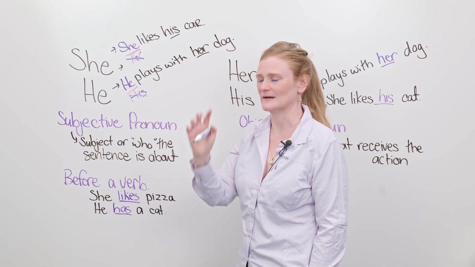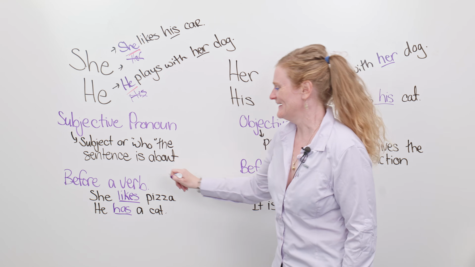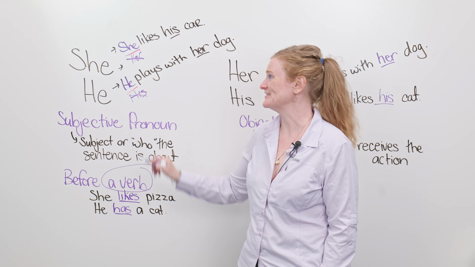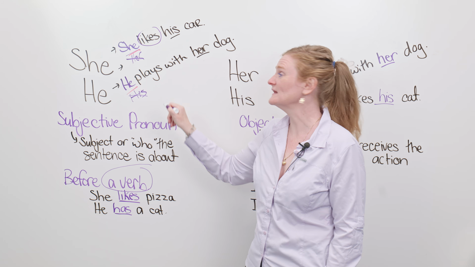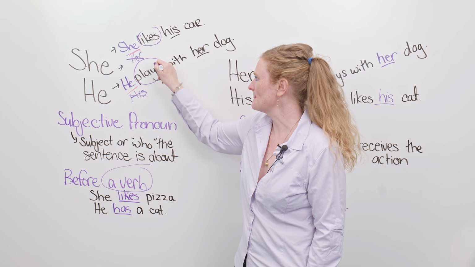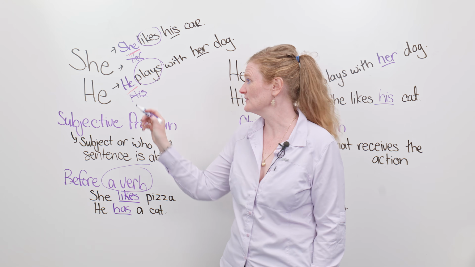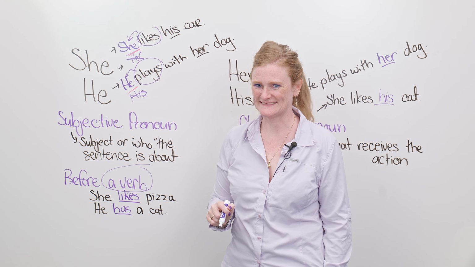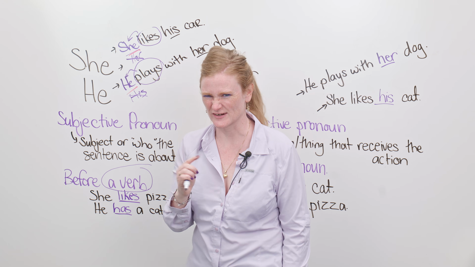So here's the easier way. This is my way, okay? If there's a verb in the sentence, for example, likes is a verb, or plays is a verb, before the verb you're going to use he or she. Hey, that's pretty cool. Now, let me show you the trick on the other side.